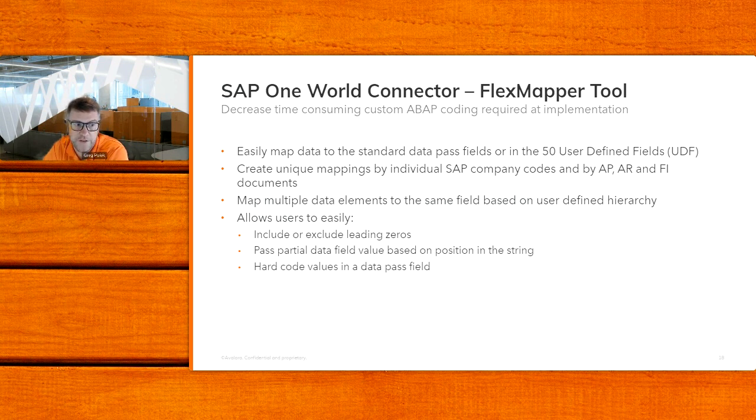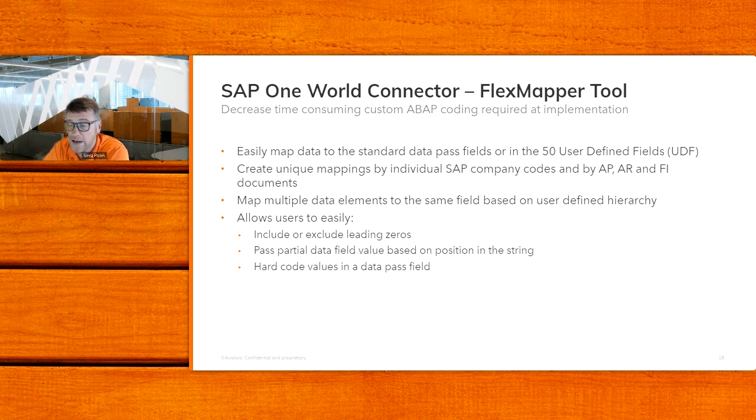So if you want to pass the 3rd character or characters 3 through 5 instead of the entire field, you can do that. A lot of times that is because companies will set up information within data that may have, say, the 1st character in that field relates to this, the second 3 is something different. And so you don't need to pass the entire data string over if you only need parts of it.